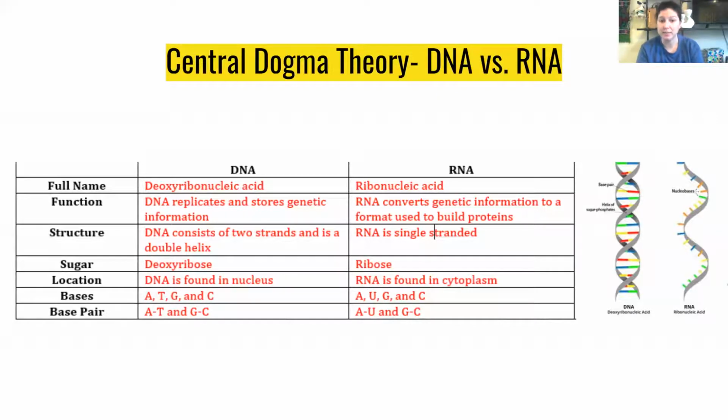And the other really key difference is that instead of the T we have in DNA, thymine, we actually have a U, which is uracil. But the base pair rule still applies. A always matches with T in DNA, but in RNA, A matches with U. That will come up tomorrow in class, but just make sure you know that in RNA you use U and not T.